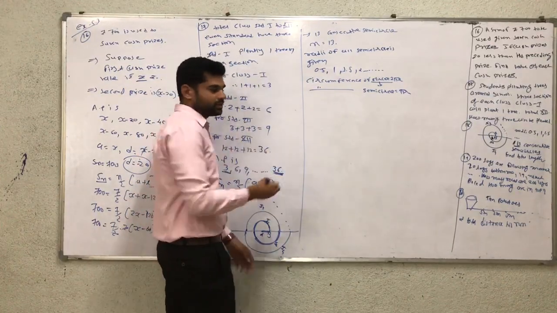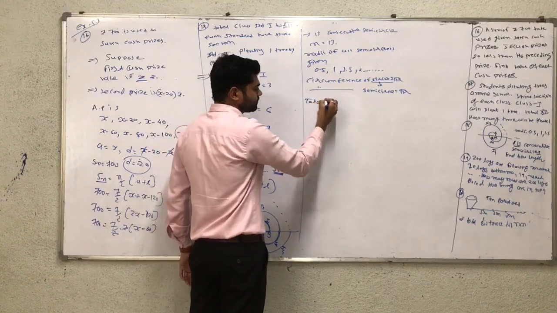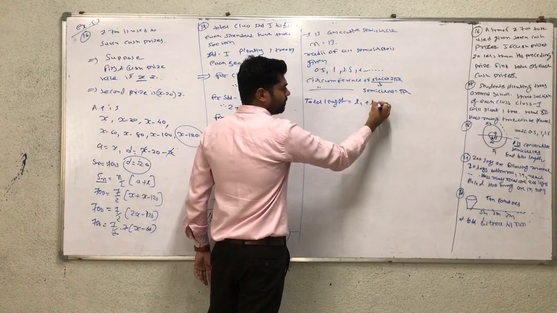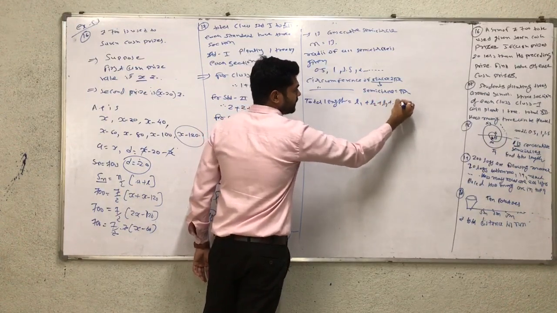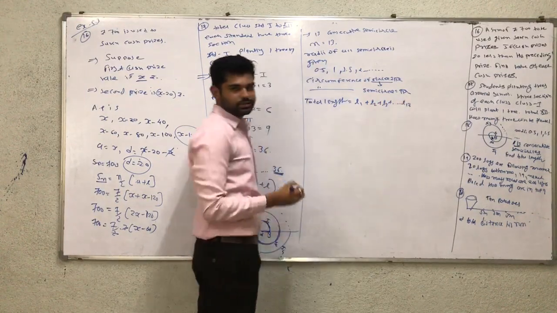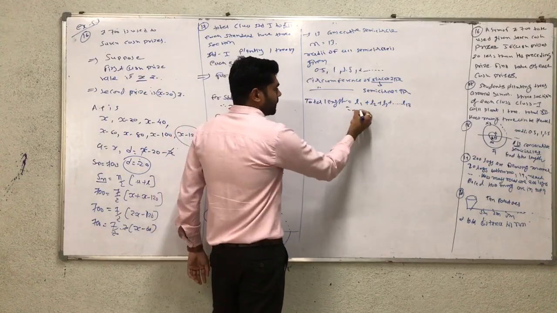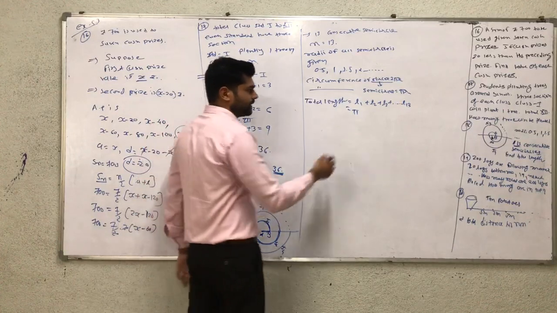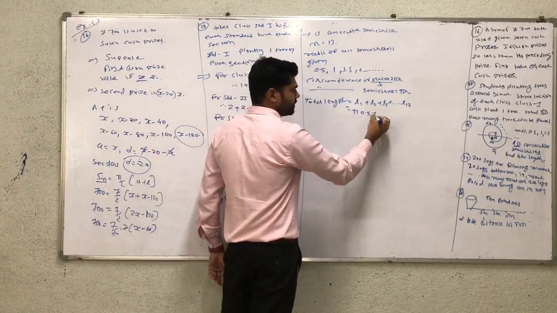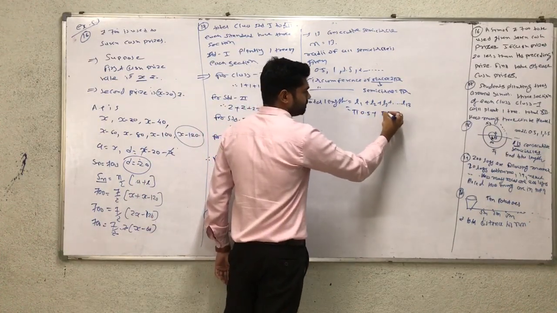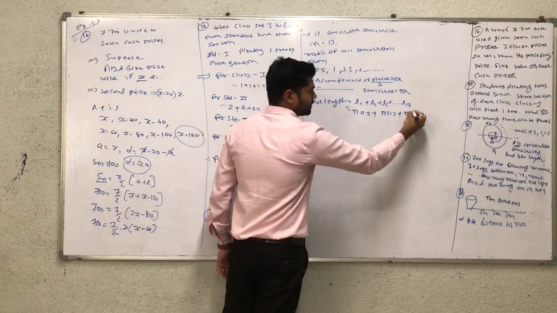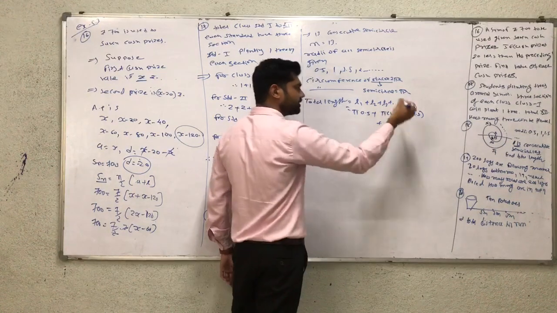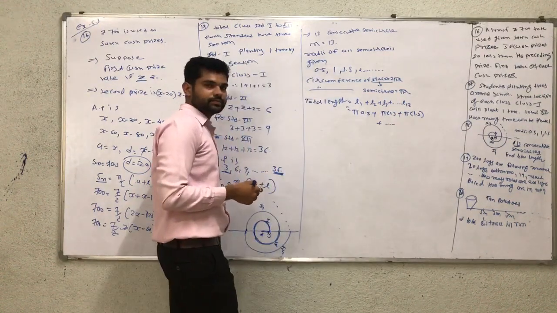So the total length is equal to L1 plus L2 plus L3 up to L13. Now for L1, pi into r1 is equal to pi into 0.5, plus second is pi into 1, plus third is pi into 1.5, up to 13 terms.